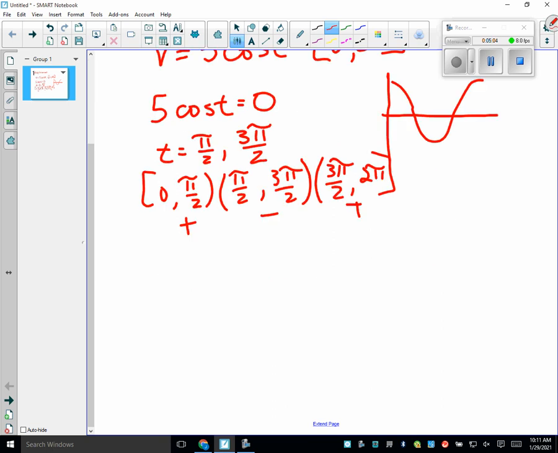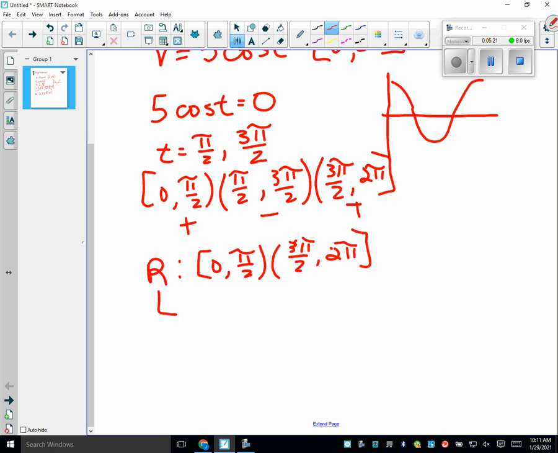So where is my particle moving to the right? From 0 to pi over 2, and 3 pi over 2 to 2 pi. It's moving left from pi over 2 to 3 pi over 2.